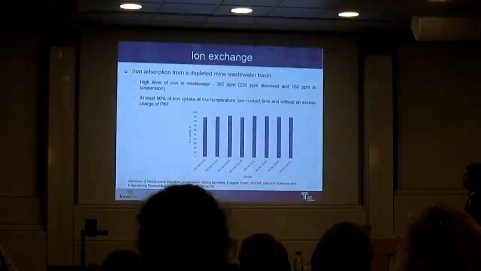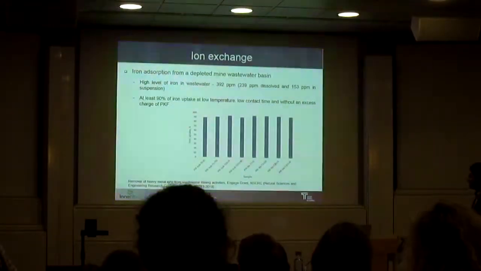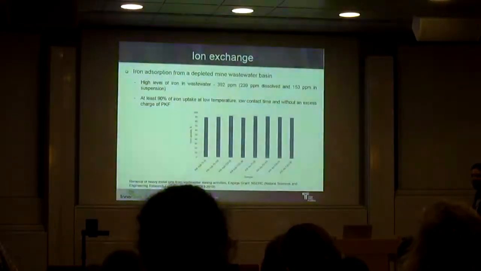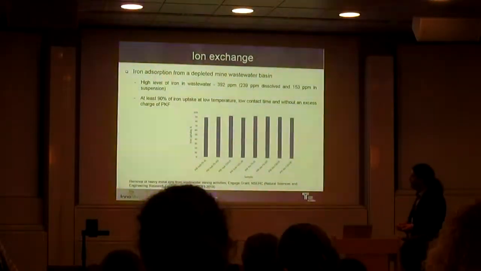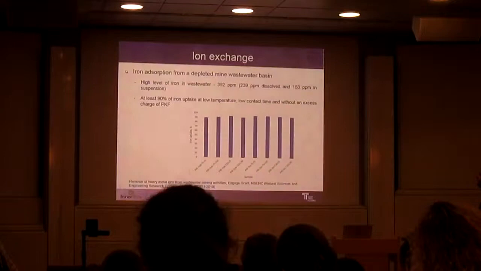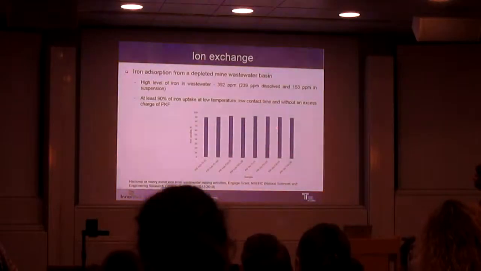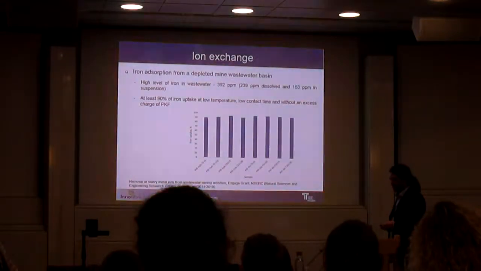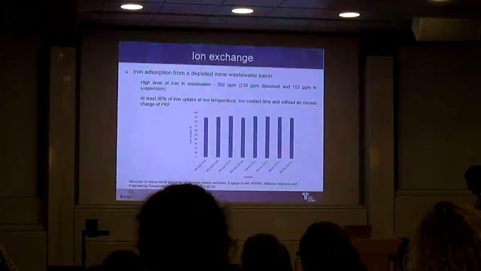We tested two types of phosphorylated fibers in terms of counter-ions, hydride, that means ammonium, and sodium, for a short period of time, 5 and 20 minutes, and at low temperature to simulate the environment, 5 degrees Celsius and 20 degrees Celsius. We see from the results that iron uptake surpasses 90% in all cases. That means our fibers really act as a fire retardant and as an ion exchange material.